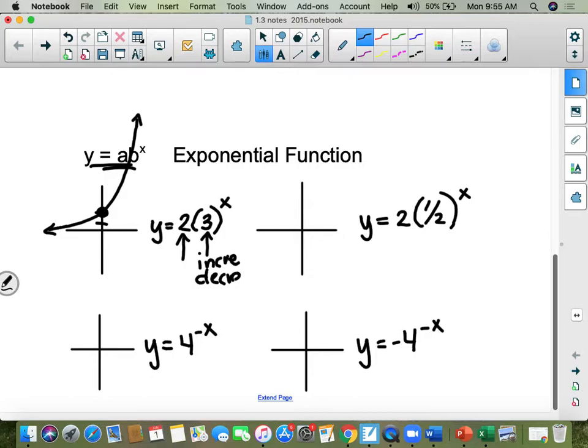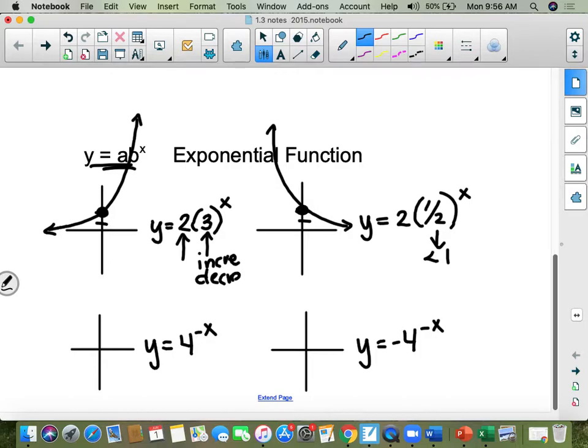This one, again, I put my first dot at 2. This number is less than 1, so it's going to decrease. There's a horizontal asymptote at y equals 0. It gets closer and closer to it, but it doesn't touch it.